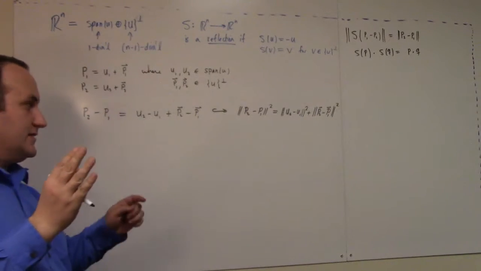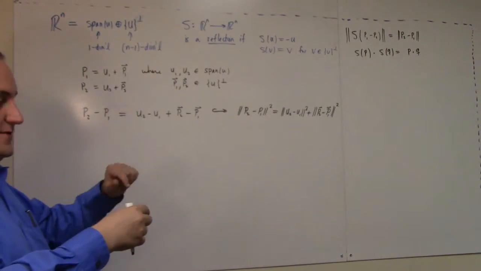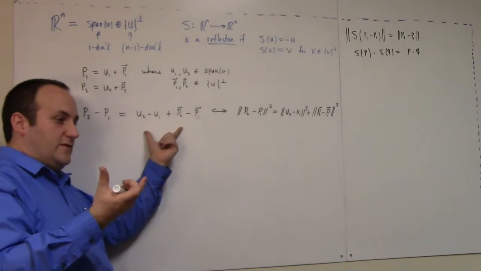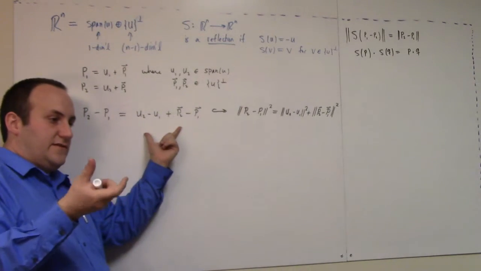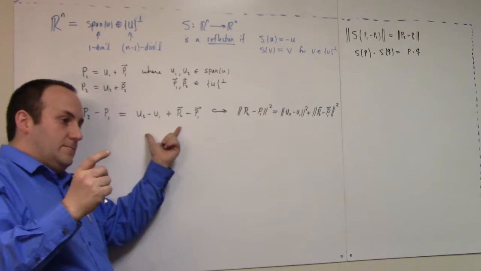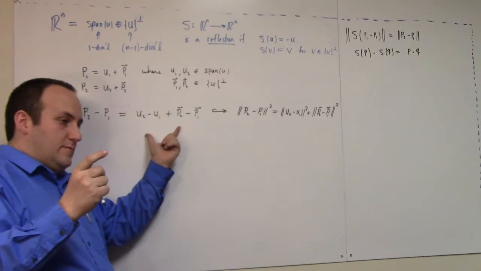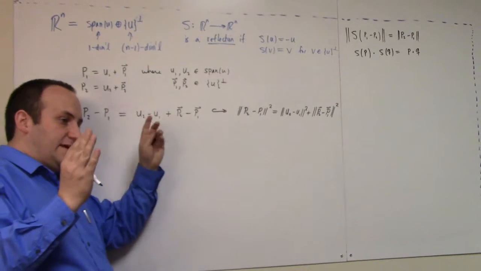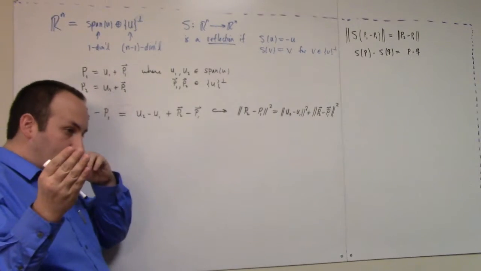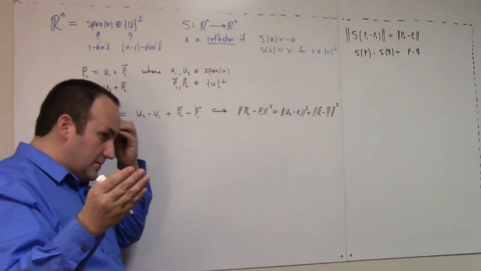You take the dot product of this vector with itself. The cross terms that involve u's dotted with p vectors are 0 because they are orthogonal. If you want to calculate the length of a plus b where a and b are orthogonal, it's the length of a squared plus the length of b squared. You ever seen this calculation?